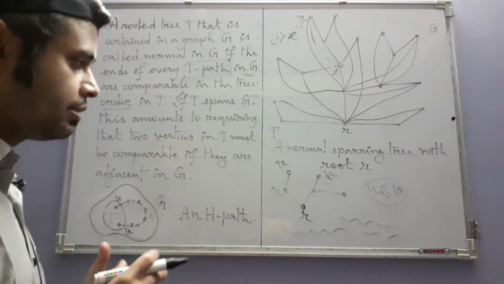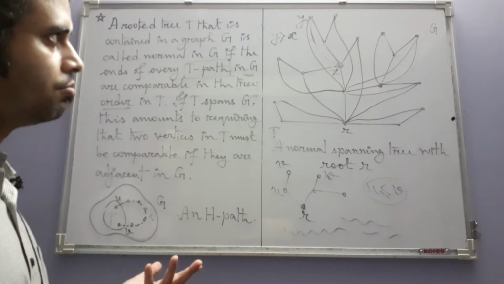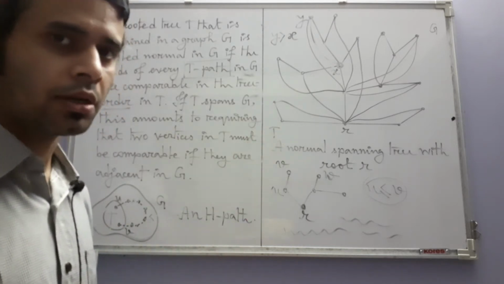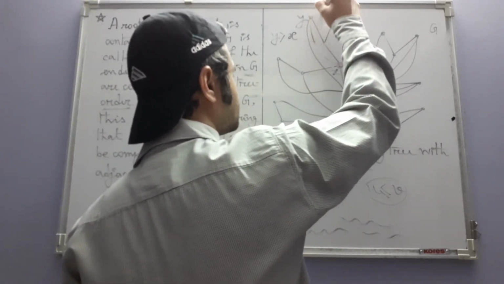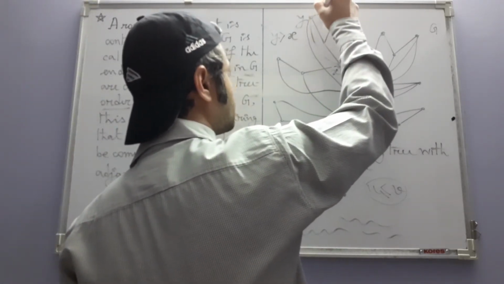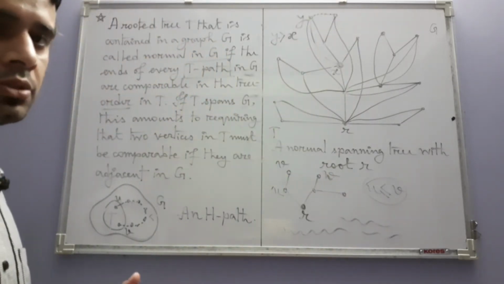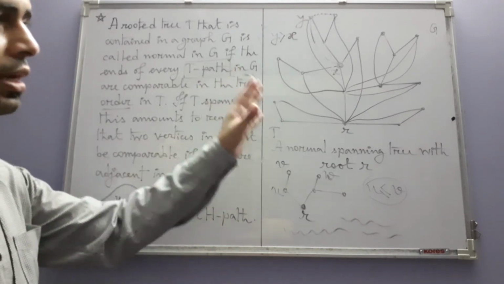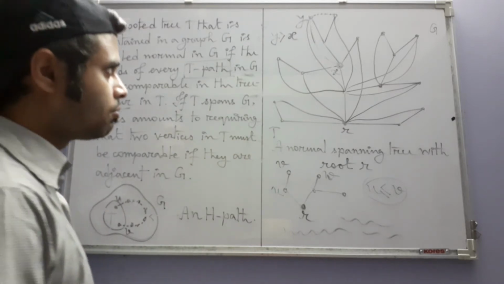Okay, now how can things go wrong? What sort of edge will make T not normal? If you had an edge like this, we don't have that in G, but suppose you had an edge like this, then for that modified G, T will not be normal in that G. Why?